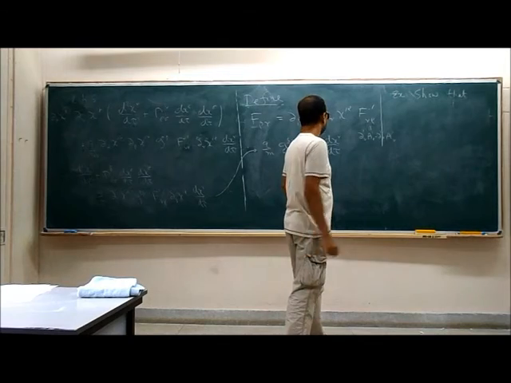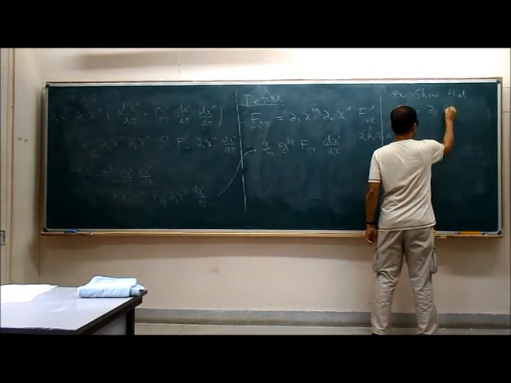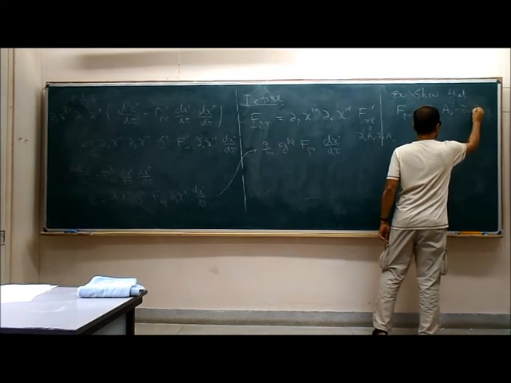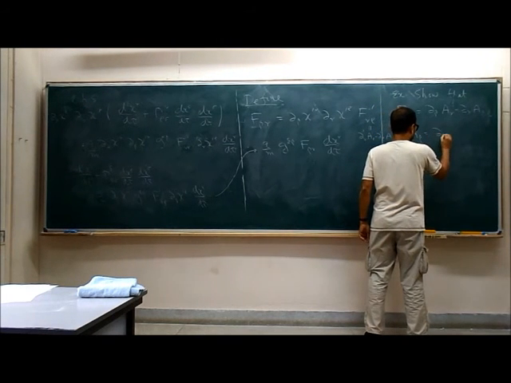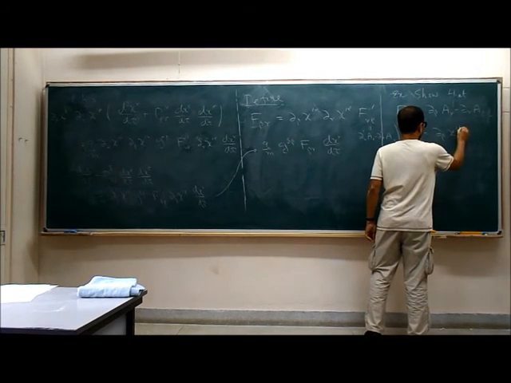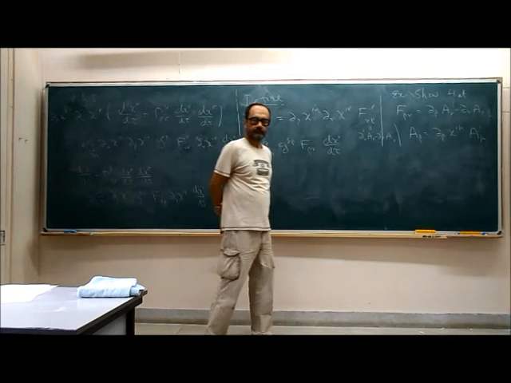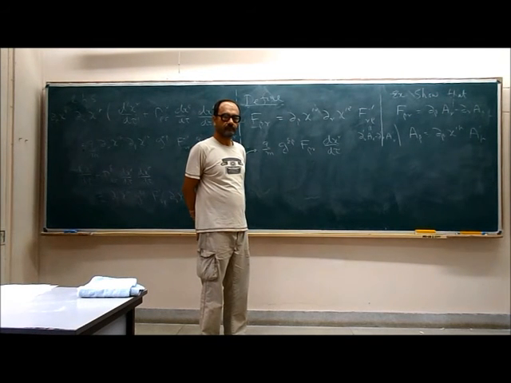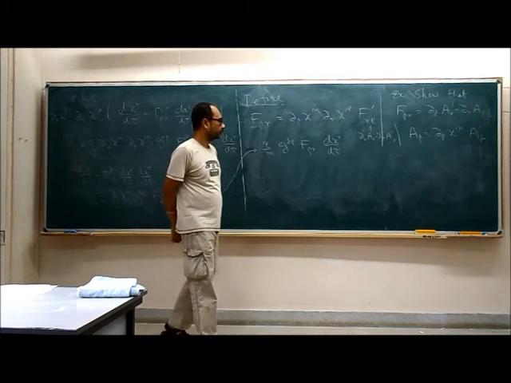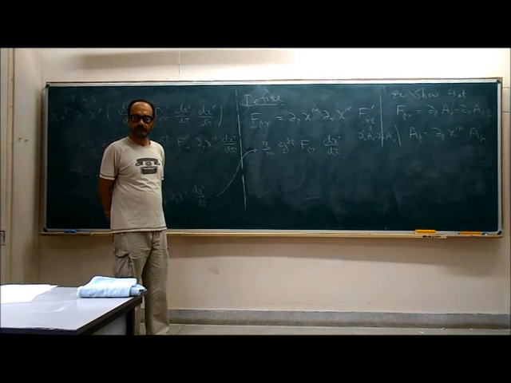So using this, show that F_βγ can be written as ∂_β A_γ minus ∂_γ A_β, where A_β is ∂_β x'^ν A'_ν. Is this okay?